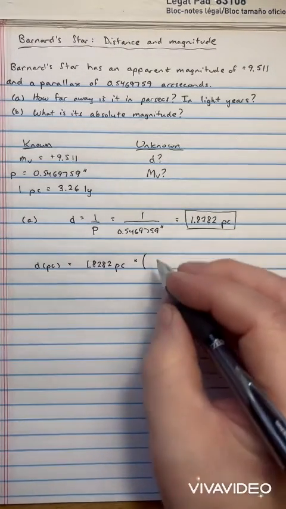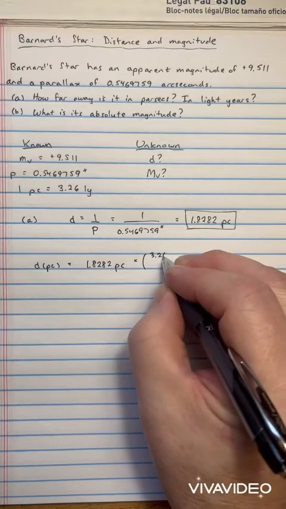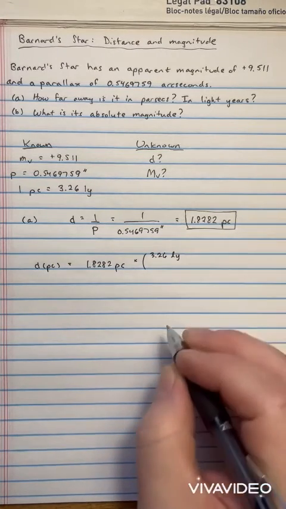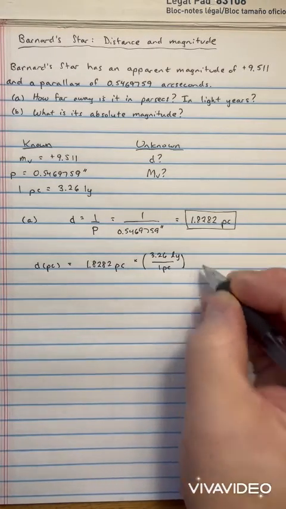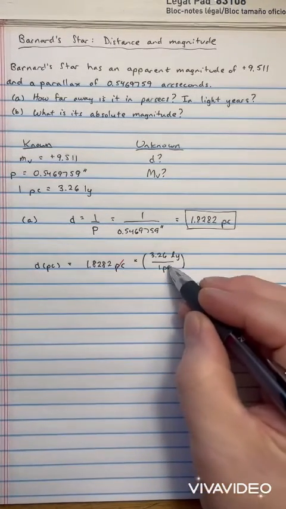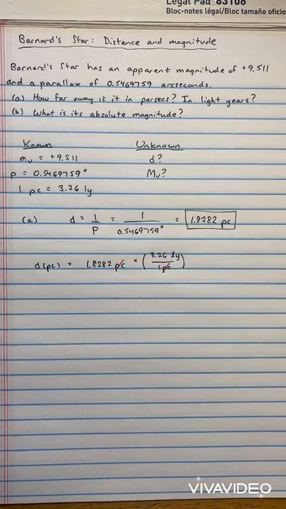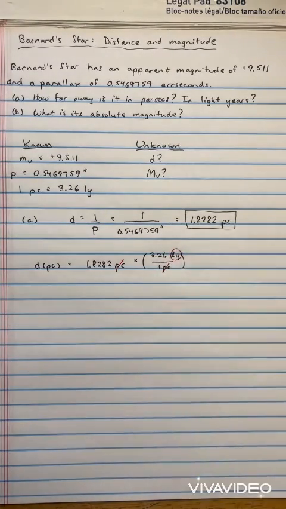So we want to replace parsecs with light years, so 3.26 light years, Ly for light years, per parsec. And notice what happens then when I do this. I've set it up so that parsecs divides out parsecs, and unit-wise they cancel, and it leaves me with light years in return.